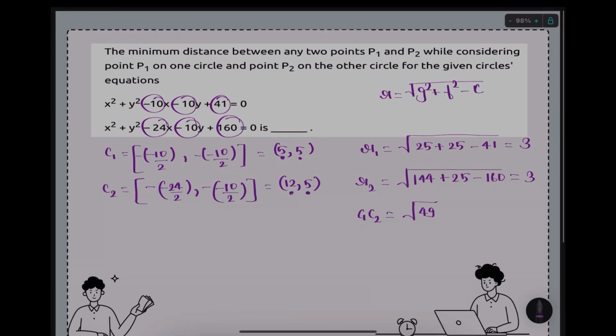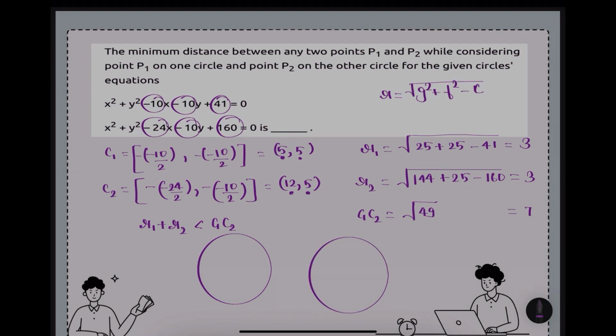So the distance between C1 and C2 is 7. Now look at that. The sum of the radii is smaller than the distance between centers. This means both circles are in a non-touching situation, and both circles have the same radius.